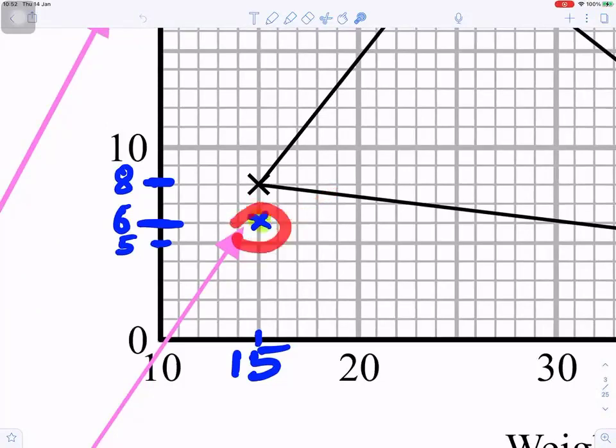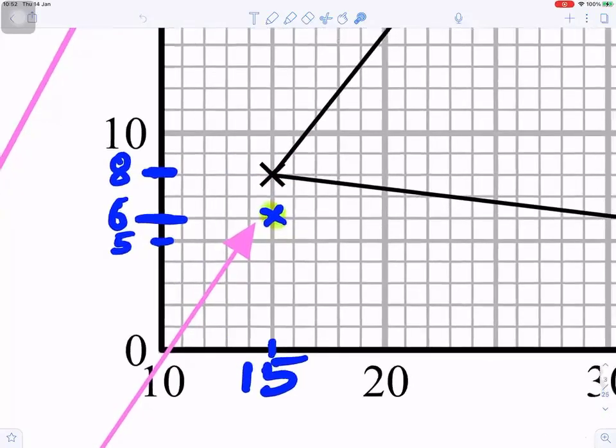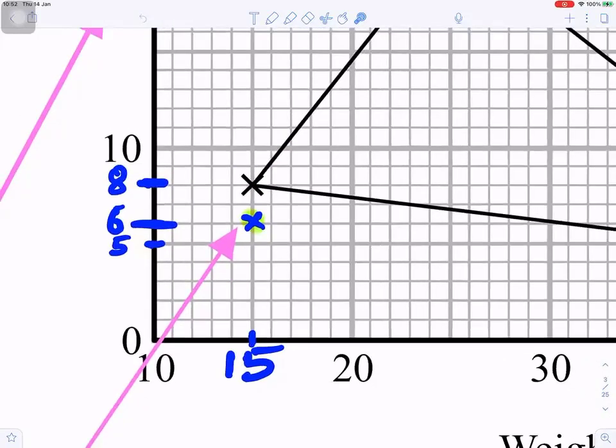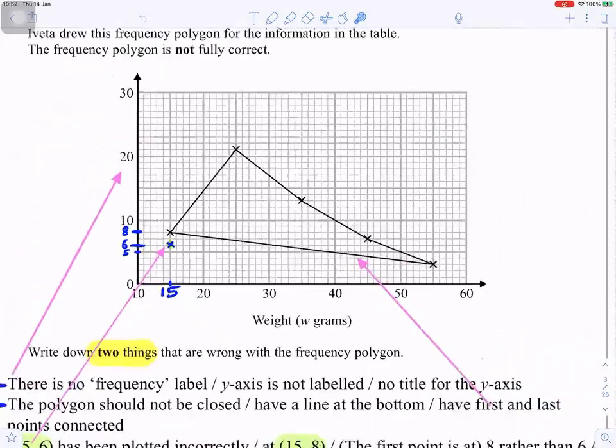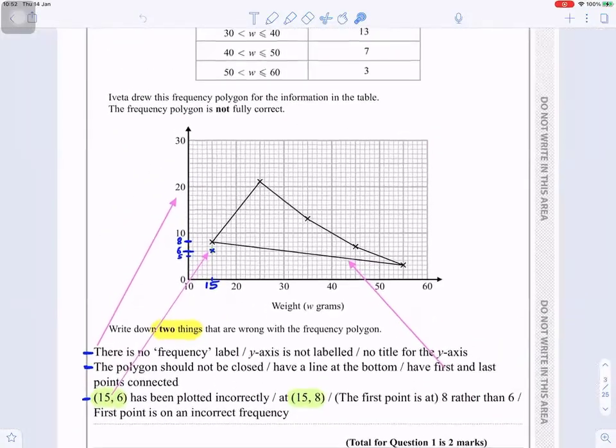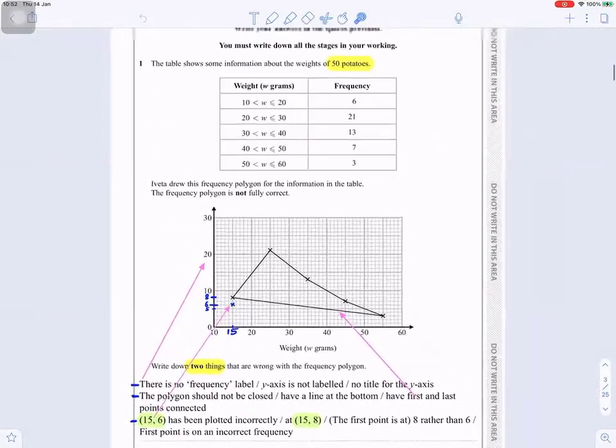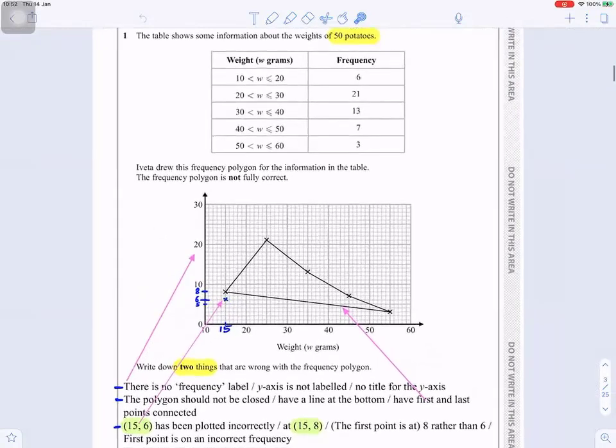I put it in blue, but they've plotted it at 15.8 up there. So they've plotted that point wrongly. 15.6 has been plotted wrongly. That's some details which you might want to notice. So that's how you do that question 1. Choose 2 of these reasons and that'll give you the mark.